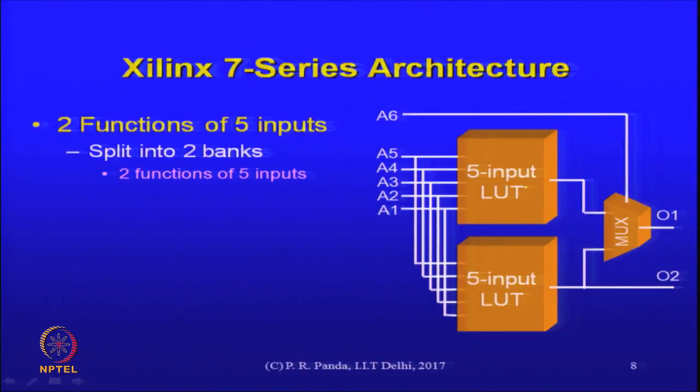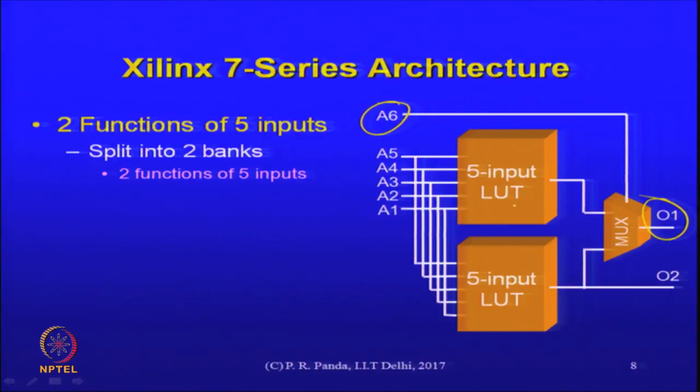What it is showing is that output O1 is which? This is the normal 6 input function, right. So, that is the 6th bit, and these are my 5 bits, and I have some such structure like that, and this is my 6 input function.